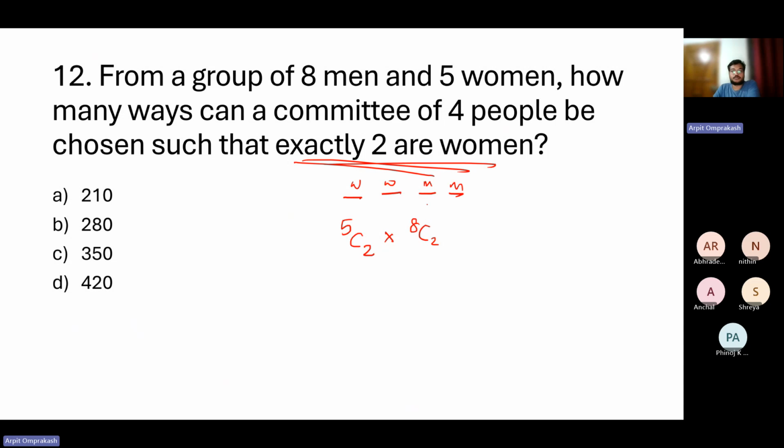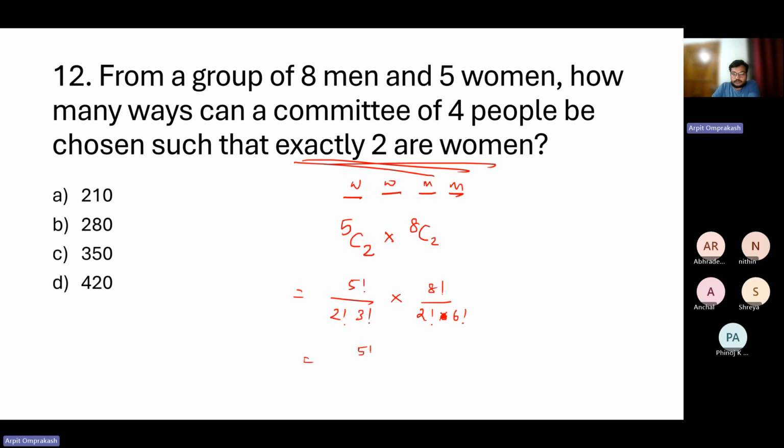And the total number of combinations will be the multiplication of this, because any of these chosen pairs of women can be paired up with any of these chosen pairs of men. So this turns out to be 5 factorial by 2 factorial into 3 factorial, into 8 factorial by 2 factorial into 8 minus 2, which is 6 factorial.